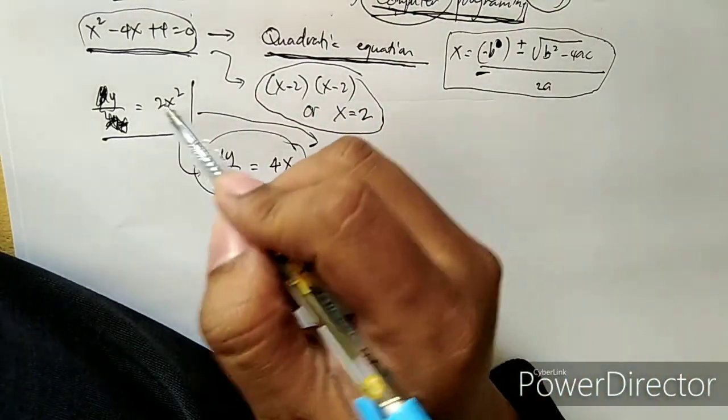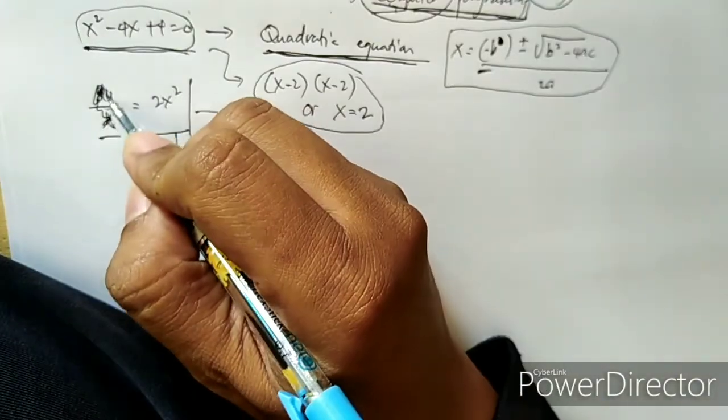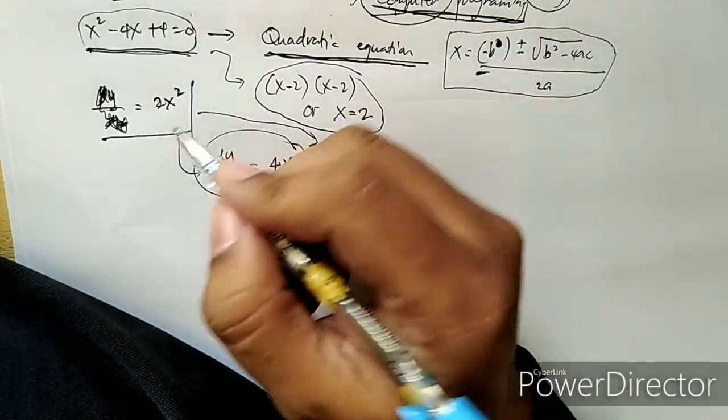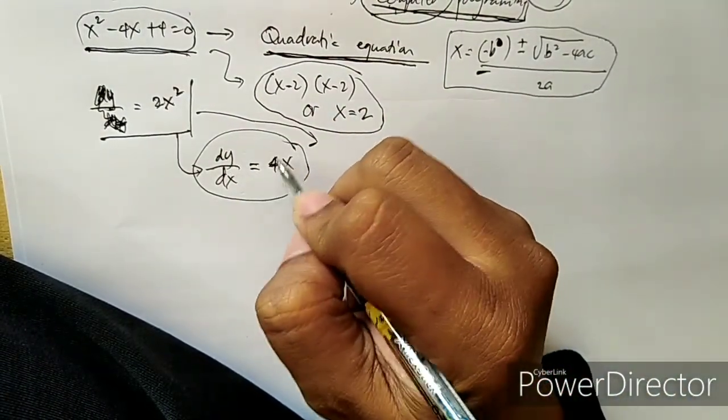Another example is differential calculus. For example, if we have a function y equals 2x squared, the derivative of the function is dy over dx equals 4x.